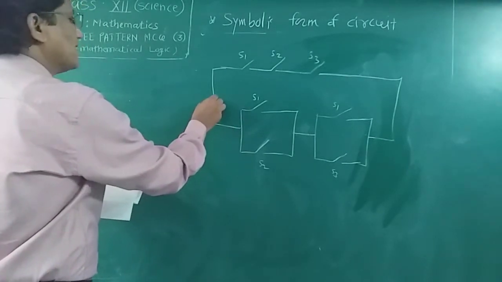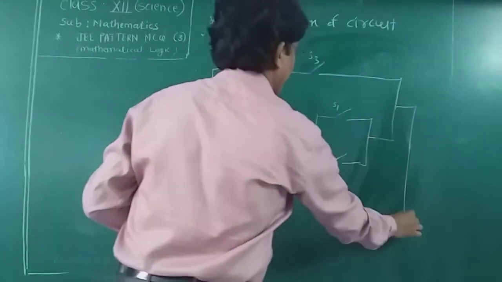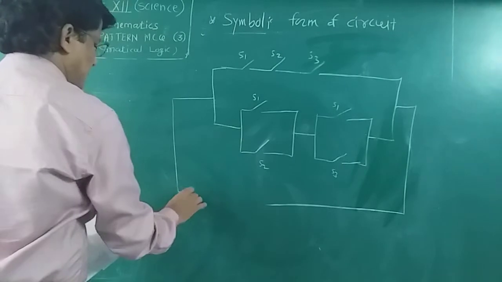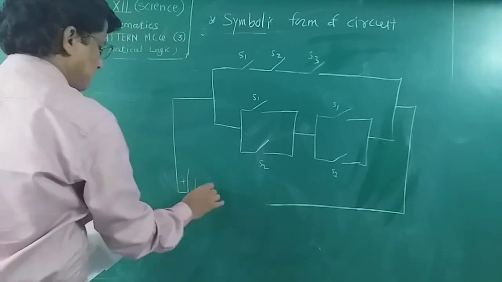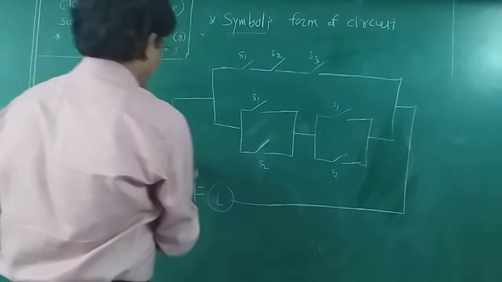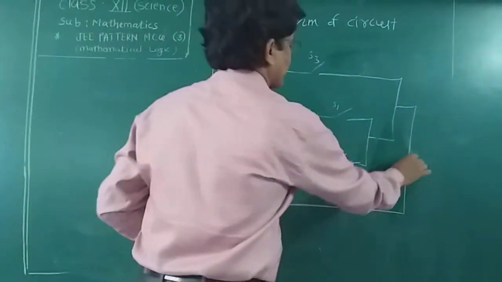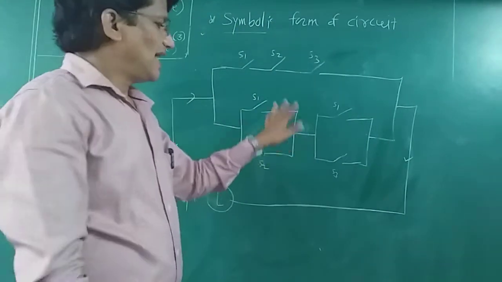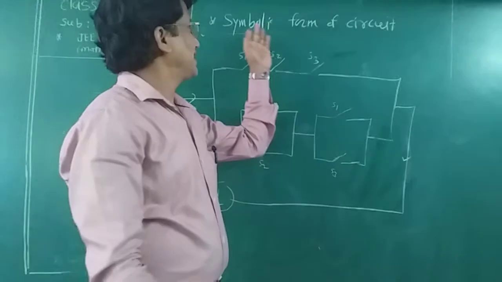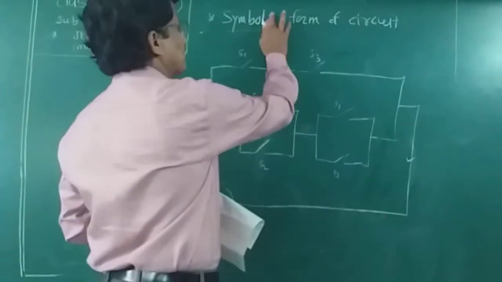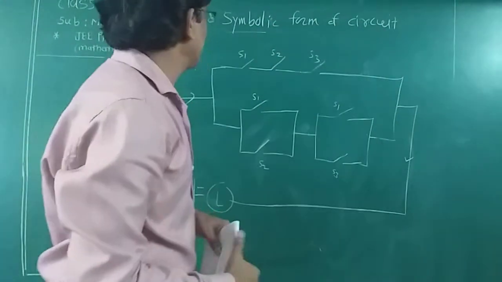Here is a battery, here is a lamp. From this the current will pass like this. This is the circuit given, and we have to write the symbolic form of the given circuit.